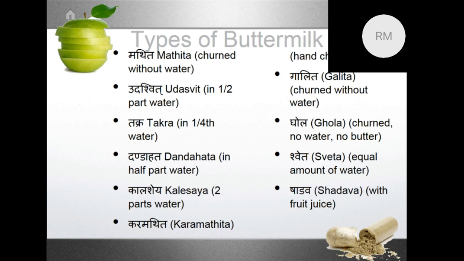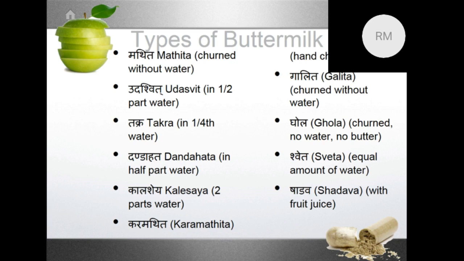Ayurveda says that it is not enough to just dilute yogurt, you have to churn. So in fact, a directly fermented product like yogurt is not considered good. That is why buttermilk is churned yogurt. You have to churn it and remove the fat.